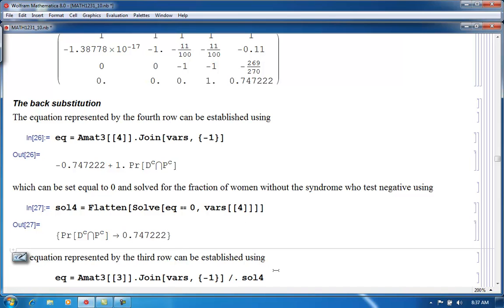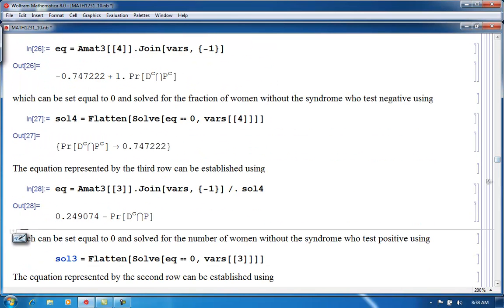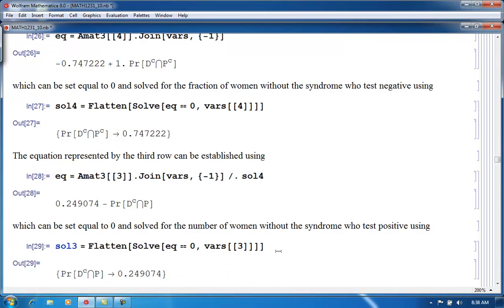Now we insert that solution into the equation corresponding to the third row, which we can obtain using that, and that gives us the value for the case where Down syndrome is absent but the person tests positive. We can set that equal to 0 and solve it using that, and there we go.